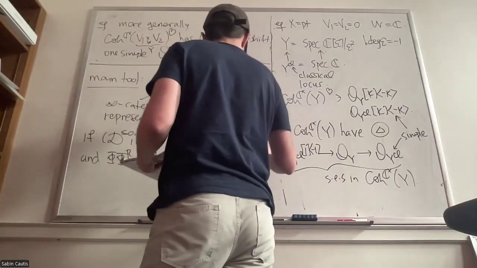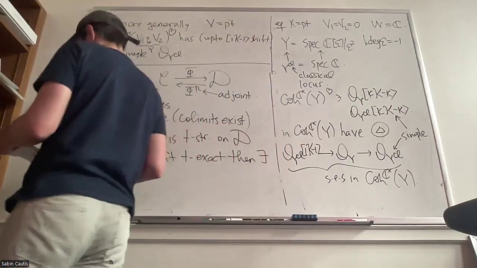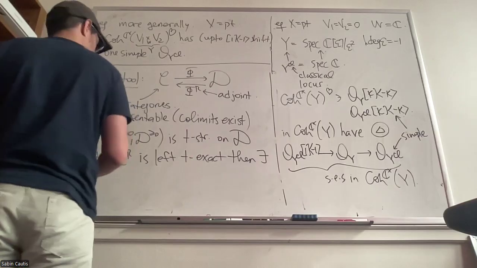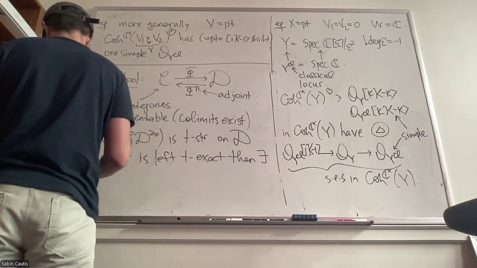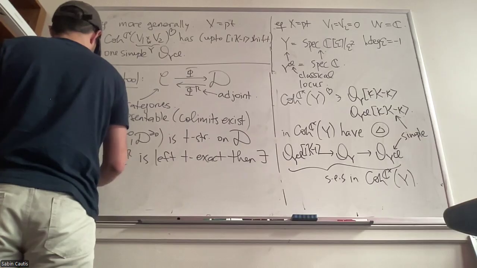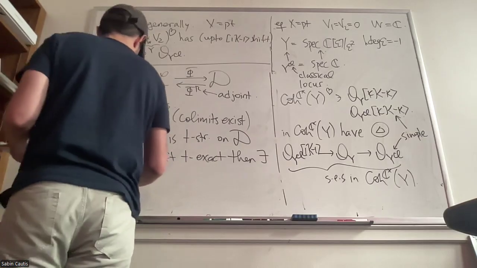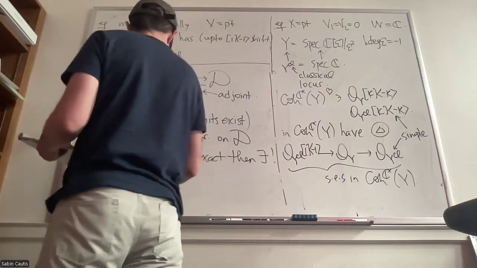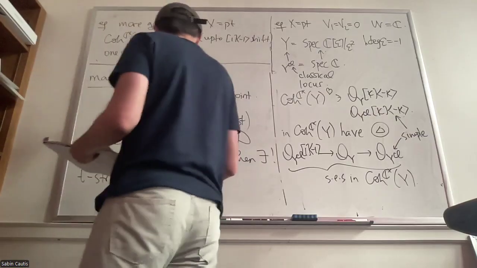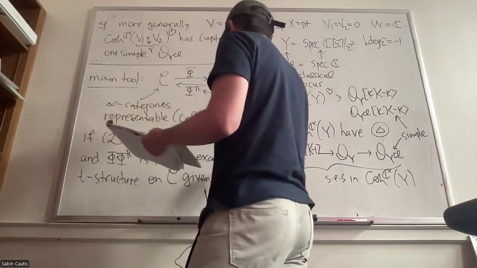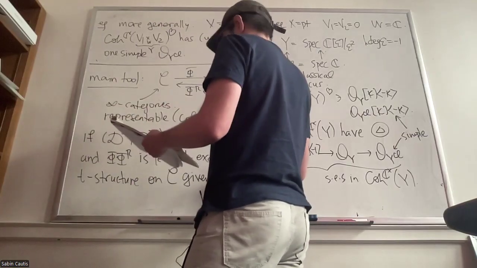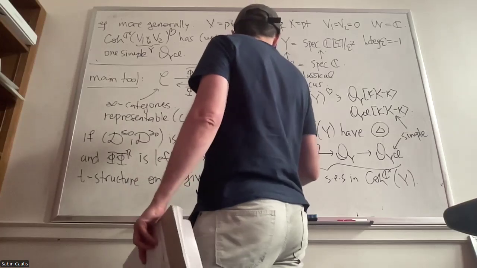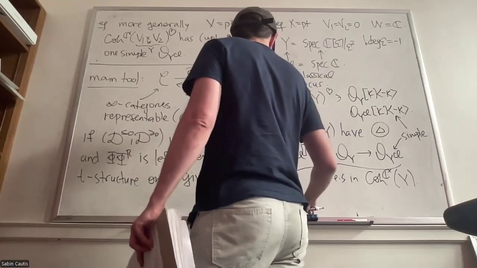Then there exists a unique T structure. Obviously, it's unique, given what I'm going to say. On here, given by C less than 0 is the pre-image of D less than or equal to 0.